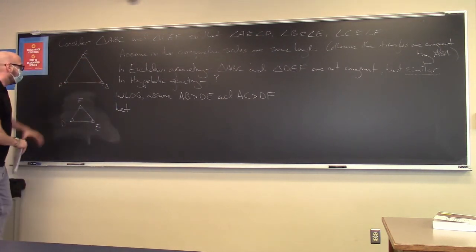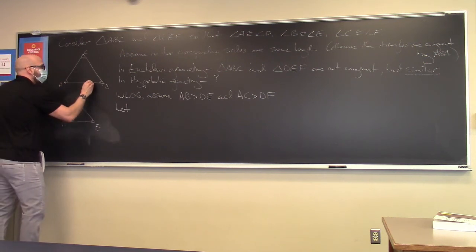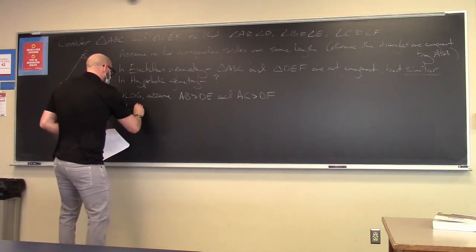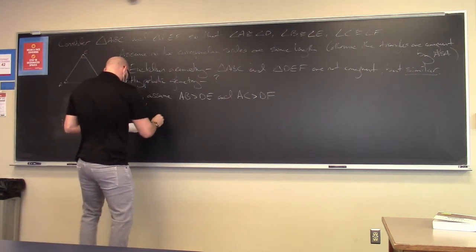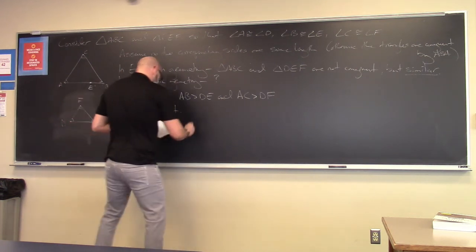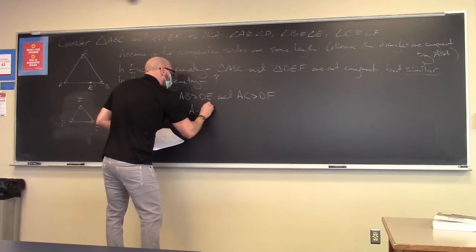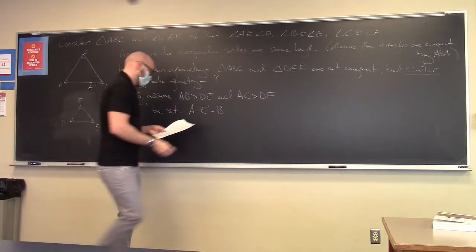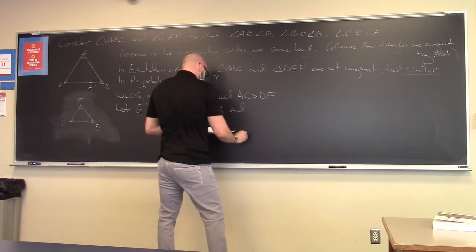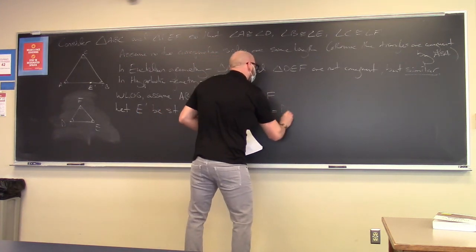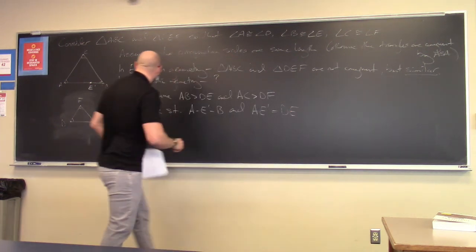AB is longer than DE, so we'll come in here and we'll just choose a point E prime so that AE prime is the same length. So let E prime be such that A, E prime, and B are collinear with E prime in the middle, and the length of AE prime is the same as the length of DE.